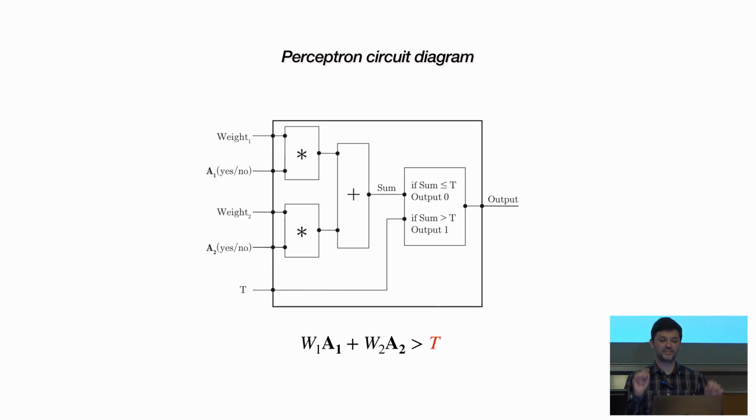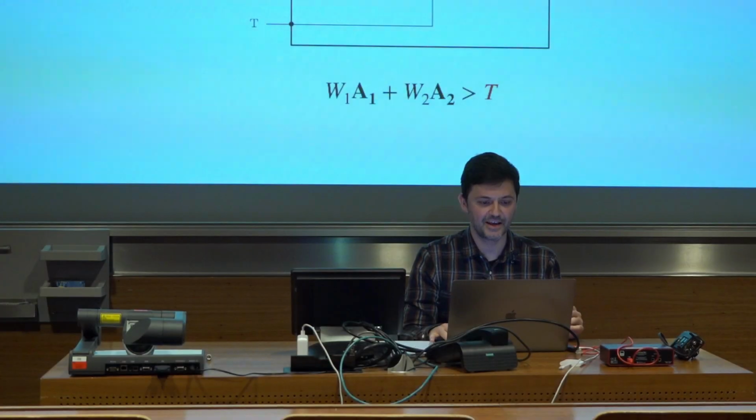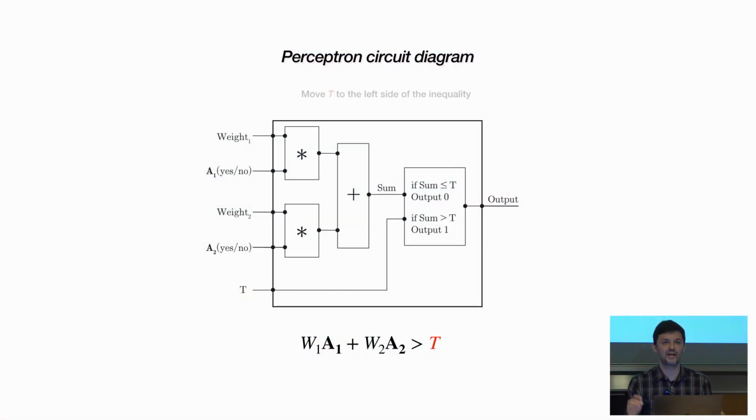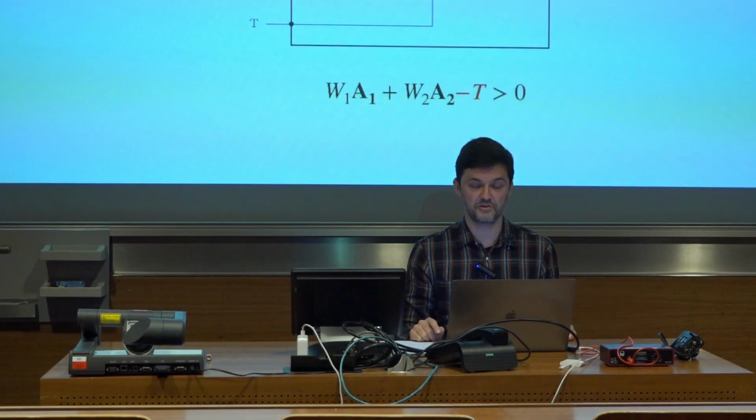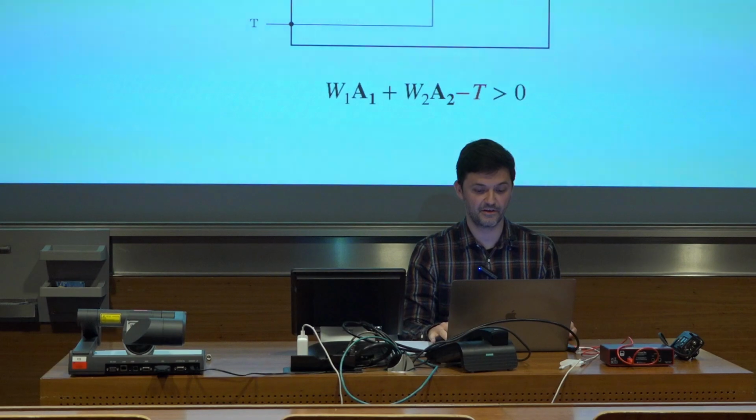Let's now rearrange this thing just a tiny bit to change the meaning of this expression. So what will I do first? I will look at this t on the right side, and I want to put t to the left side of the inequality. When I do it, it becomes negative t, and on the right we have, is it larger than 0? This is a simple algebraic operation that I just did.